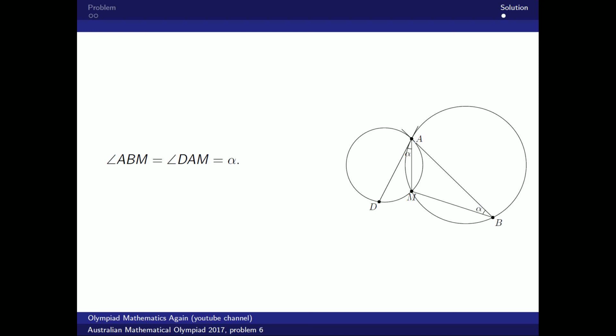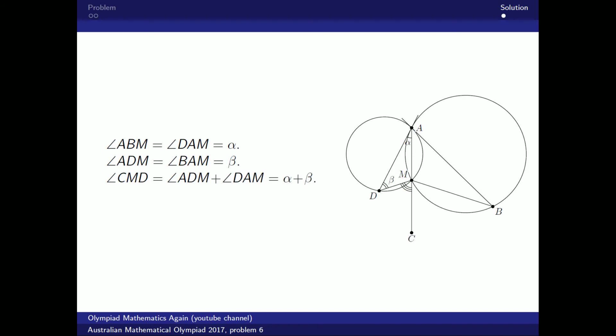Then we observe a similar equality of angles, that the angle ADM is equal to BAM. This is because they are both subtended by the arc AM, but this time in the first circle, in the left circle. And so we notice this.